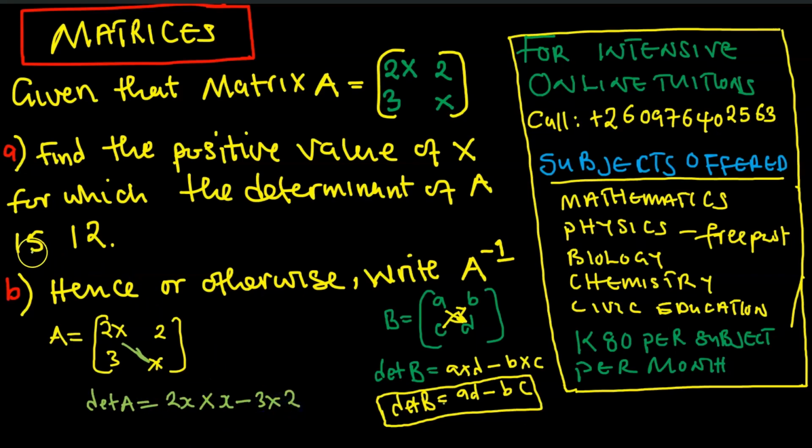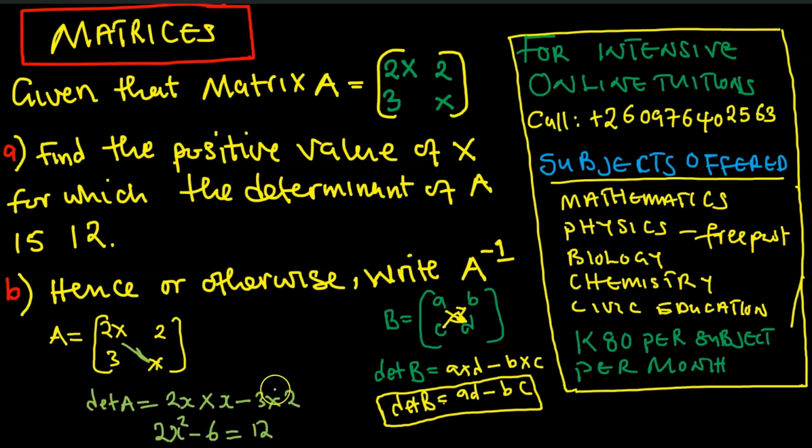Now we are given the determinant as 12, so where there's determinant we are going to put 12. Therefore 2x multiplied by x is 2x squared, minus 3 multiplied by 2 which is 6. This should all be equal to 12 because the determinant is equal to 12.